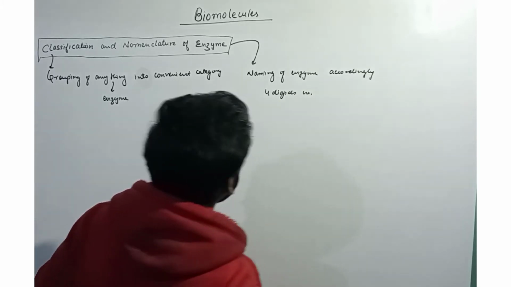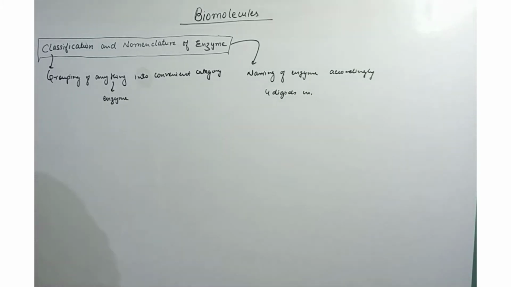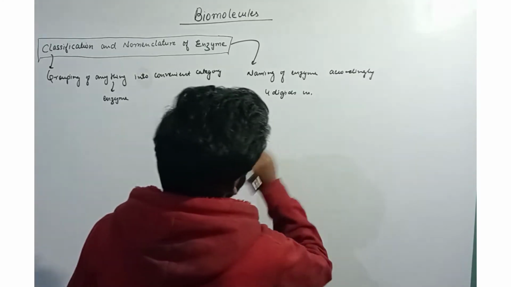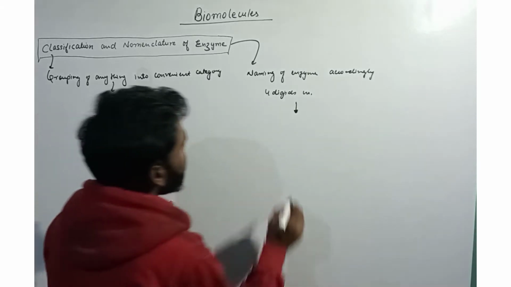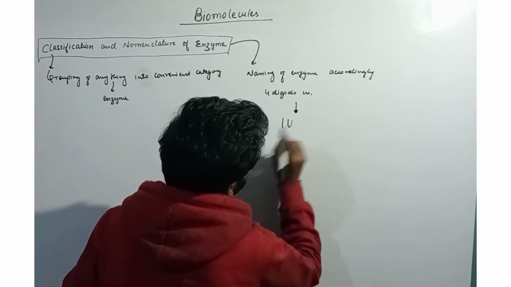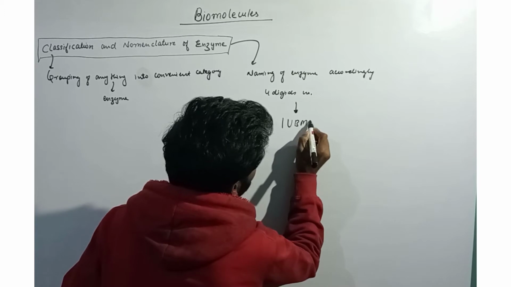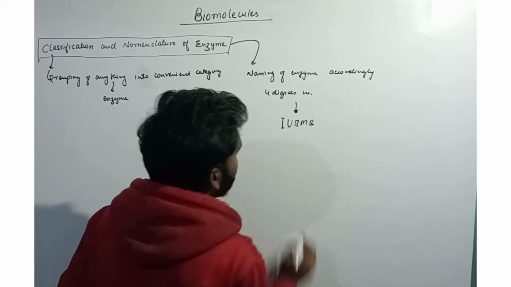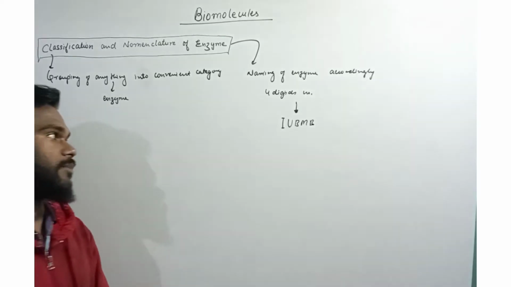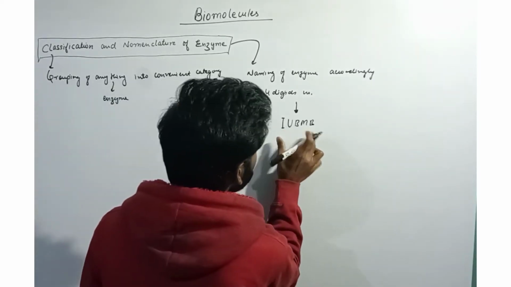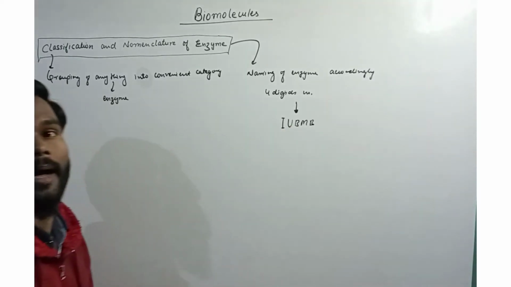Please do remember, naming of enzyme is accordingly a 4 digit number. In chemistry the name is given by IUPAC, but when talking about enzyme, the name is given by IUBMB.